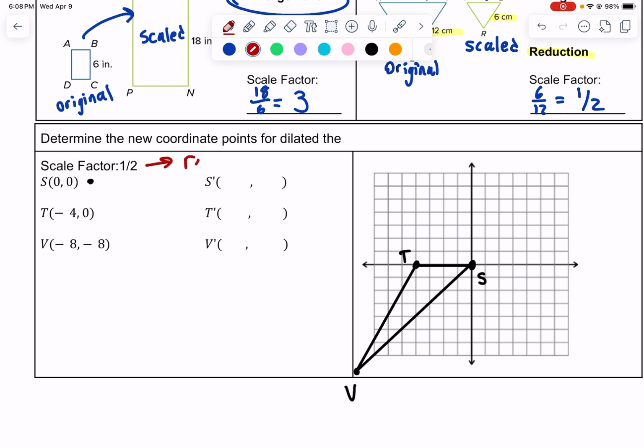Here, what we will see is that it's going to be a reduction. And since it's a reduction, that's going to be the value of 1/2. We're going to multiply by 1/2 each of these values, so not just the x value, but also the y value. Well, what's really nice about 0, 0, well, what's anything times 0? 0.